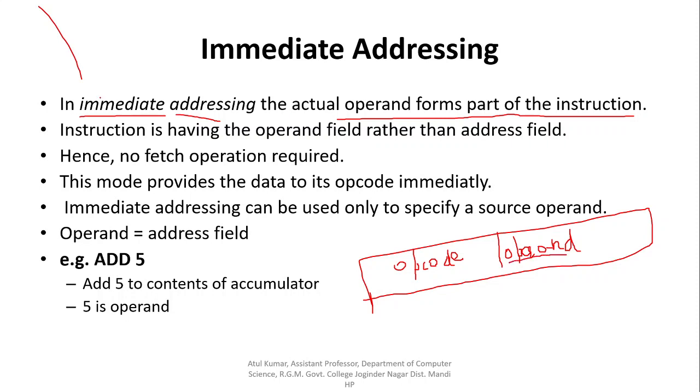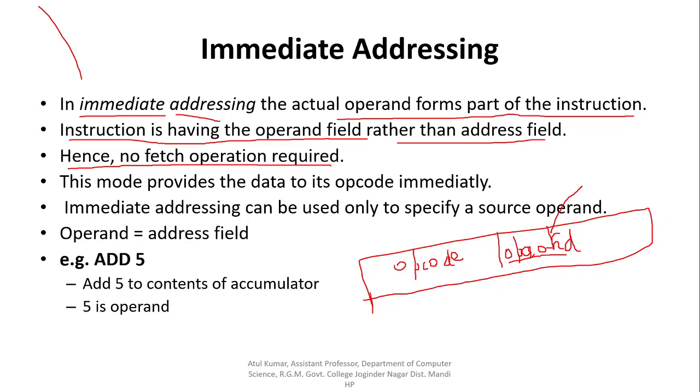In immediate addressing, the actual operand forms part of the instruction. The operand is presented or available in the instruction. So the instruction has an operand field rather than an address field. As the operand is already in the instruction, no fetch operation is required.